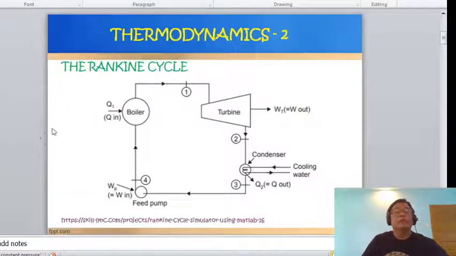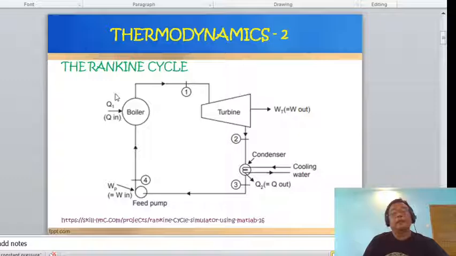Okay, so what's the purpose of this boiler? Basically the boiler develops a steam, so it converts water into steam, and then the steam will proceed to the turbine. Basically, it drives the steam turbine, and then it produces power.